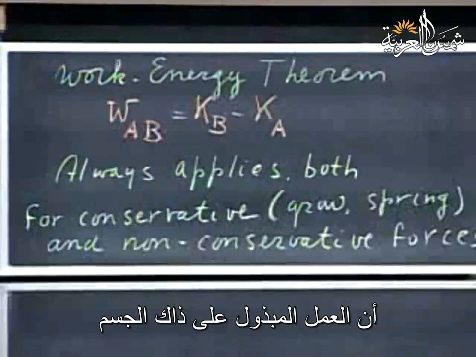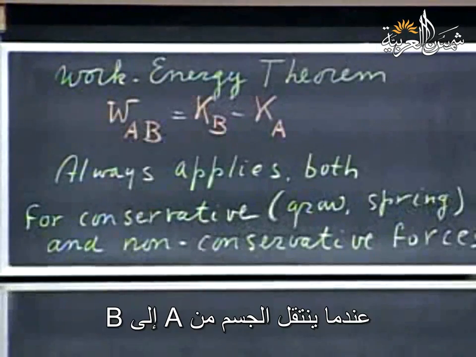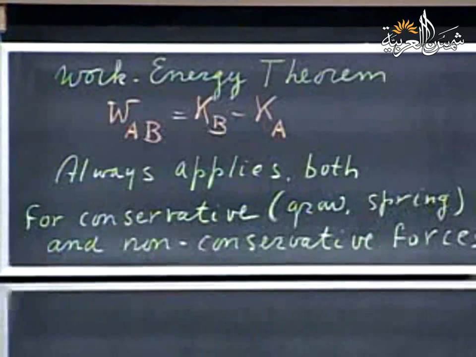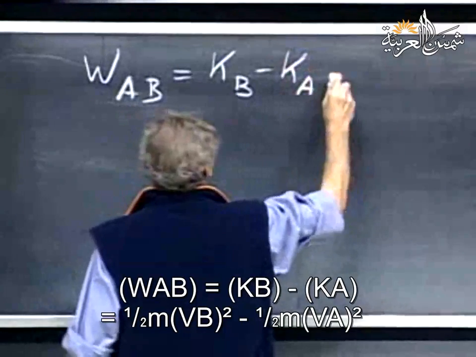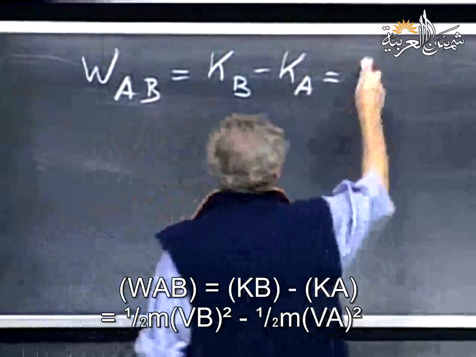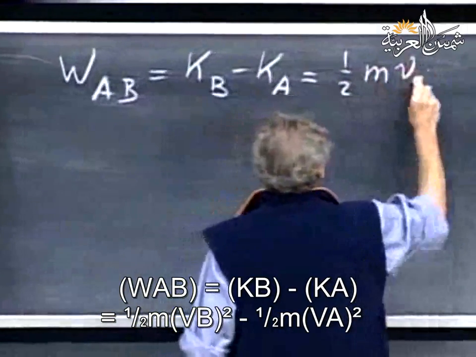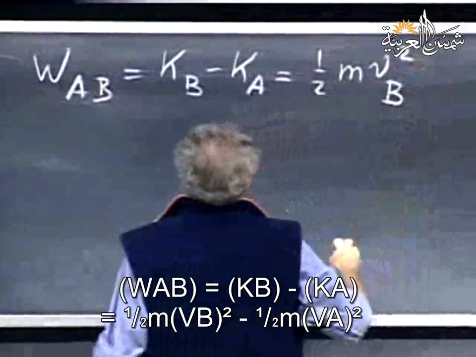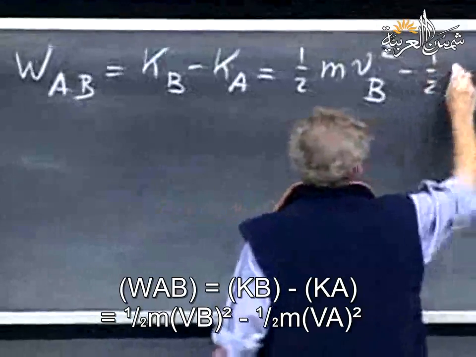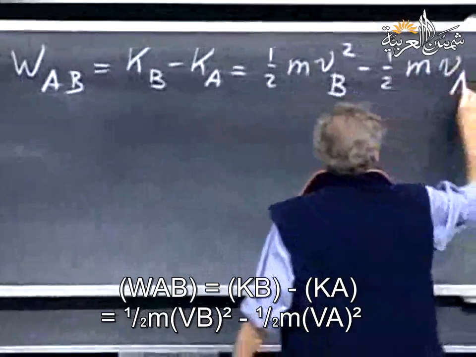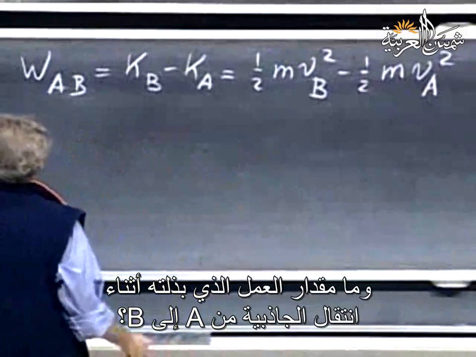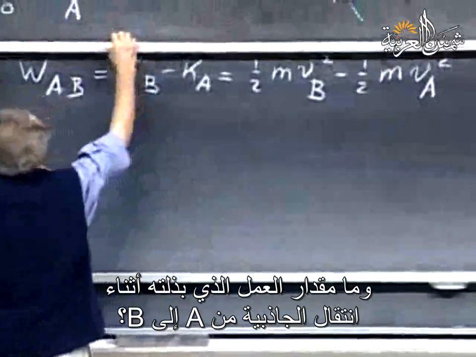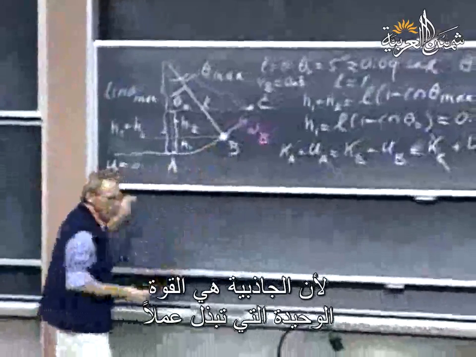The work energy theorem tells me that the work done on that object, when the object moves from A to B, equals the kinetic energy at B minus the kinetic energy at A. That is 1/2 m VB squared minus 1/2 m VA squared. And how much work was done by gravity in going from A to B? Because gravity is the only force that does work.